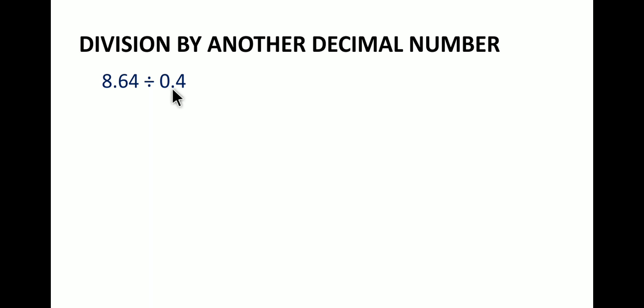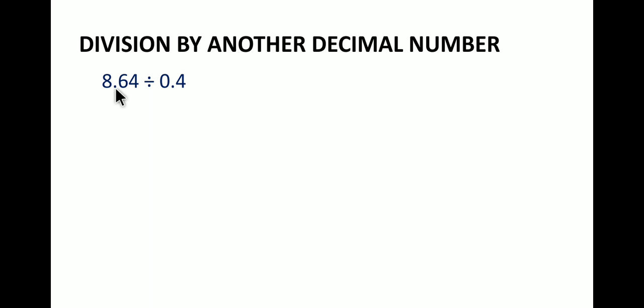So the first thing is you'll remove this decimal. Let's shift the decimal towards right. If you shift it one place towards right, then 0.4 will become free of decimal. It will become 4. If you shift the decimal one place towards right, you have to do the exact thing with the dividend also.